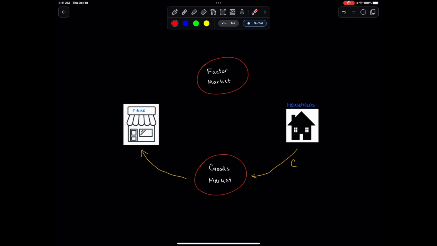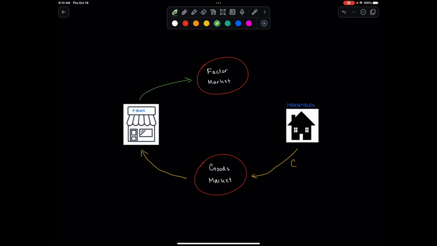The firms are going to take that money and put it into the factor market, and they're going to use the money to buy factors. You remember those factors include land, capital, labor.